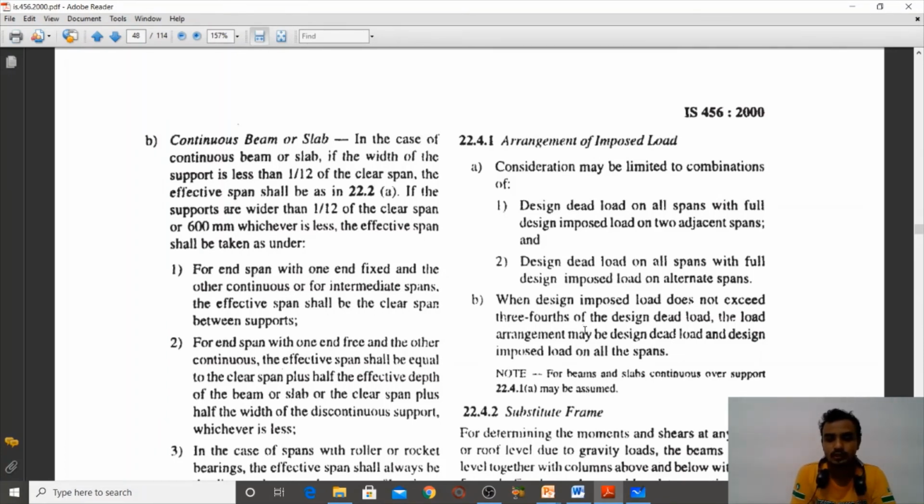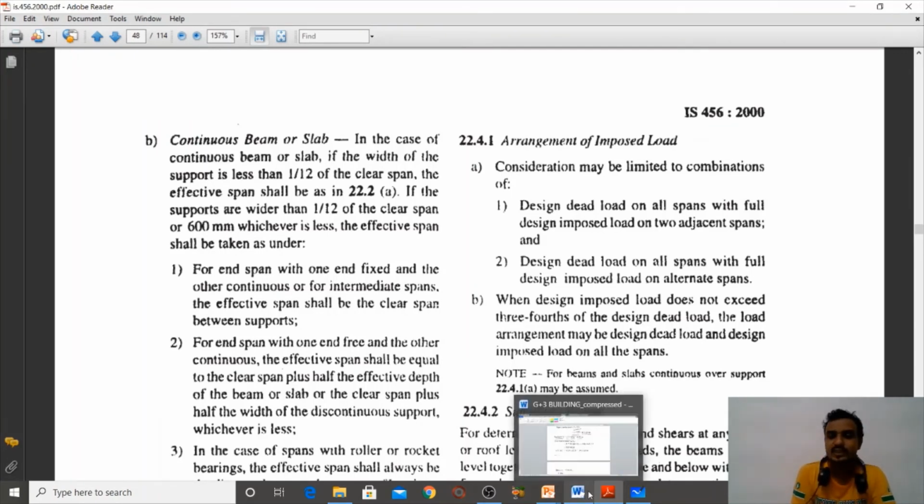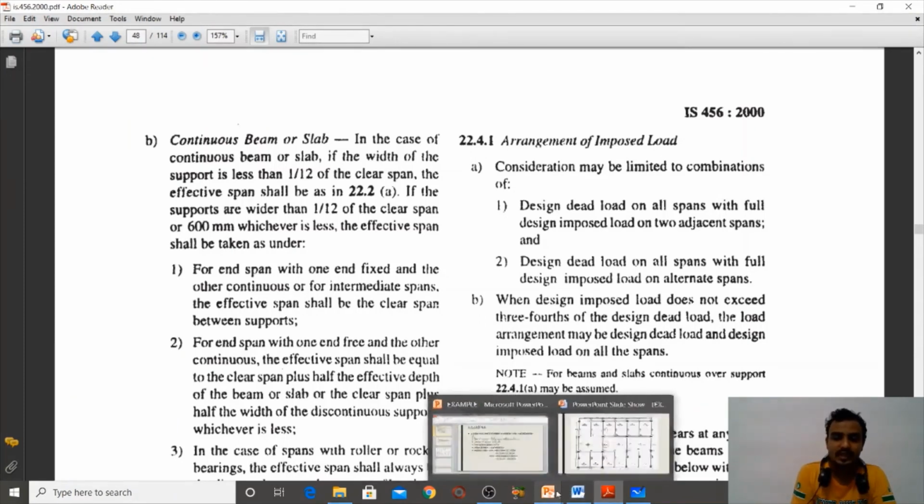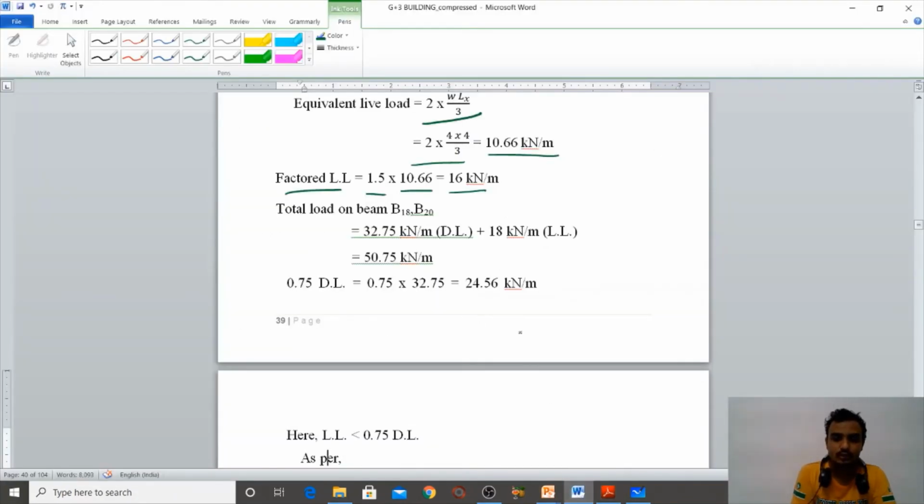So when this condition is fulfilled, we assume there is dead load and live load on all the spans.